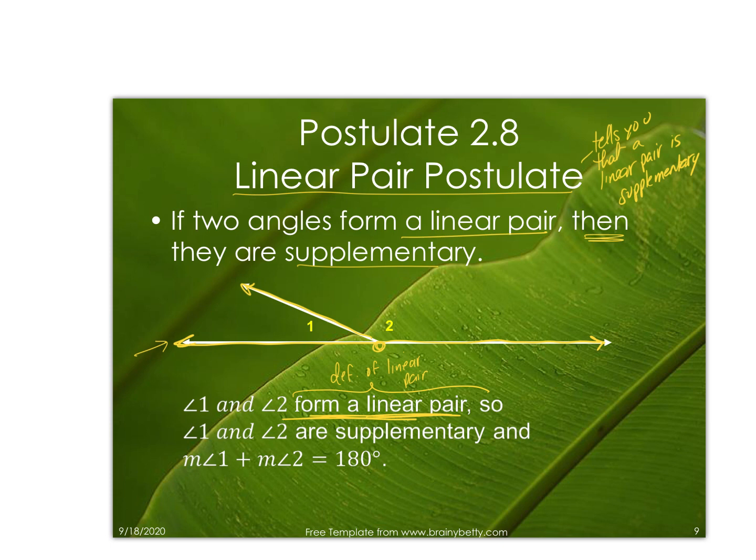So the second thing says angles 1 and 2 are supplementary. How do you know that? Well, you know that because of this linear pair postulate, which tells you that if two angles form a linear pair, which they do, then they must be supplementary.